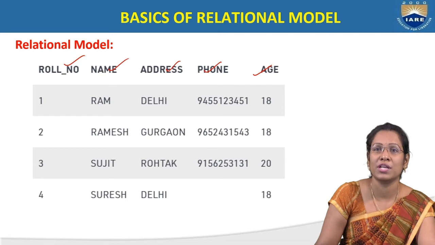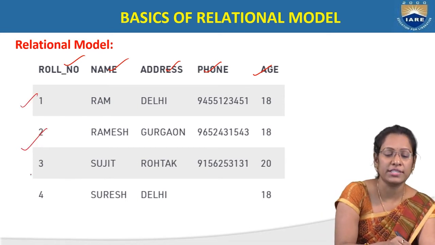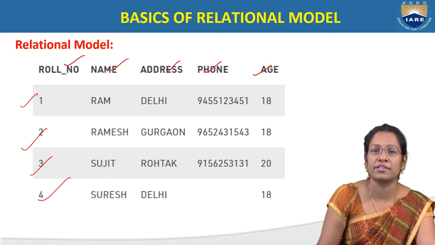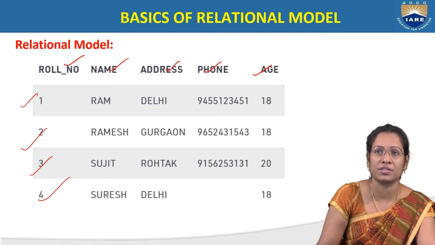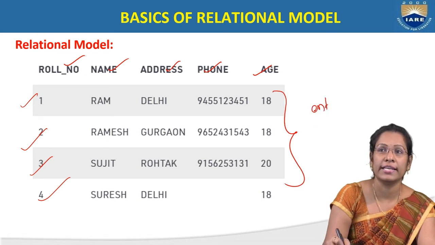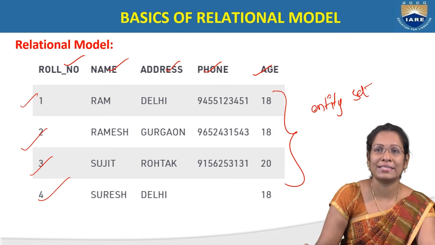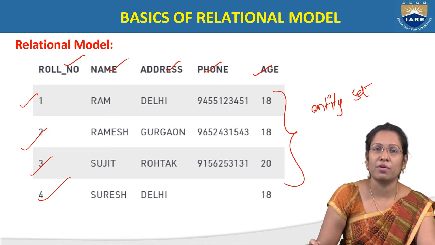These are the attributes or columns of the table, or we can call them properties of the entity student. The data we include inside the table is called rows, tuples or records. These are called entity sets. Every entity type contains a collection of similar information, which is called an entity set. Each and every record in the table is called an entity. In this way we model the ER model to the relational model.